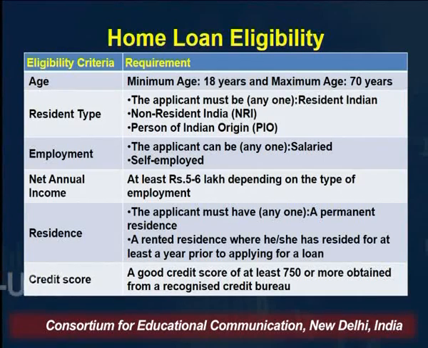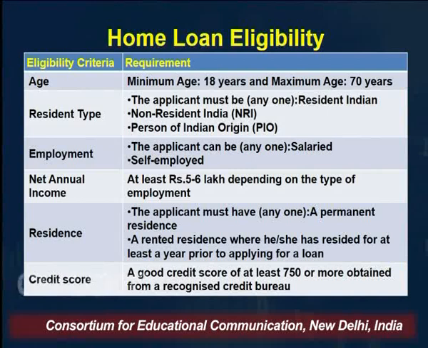The next is employment. The applicant can be a salaried person or a self-employed person. And what is the net annual income? At least rupees 5 to 6 lakhs depending on the type of employment. Then we have residence. The applicant must have a permanent residence, or a rented residence where he or she has resided for at least a year prior to applying for a loan.